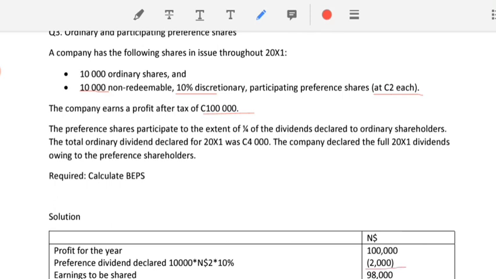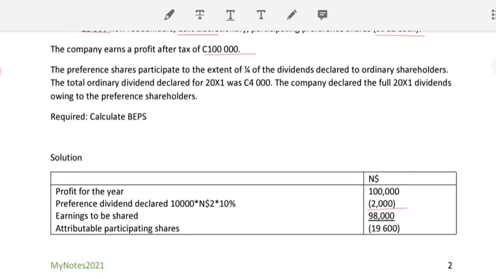Now we get the earnings to be shared, and we have this statement that they participate to the extent of 1/4.